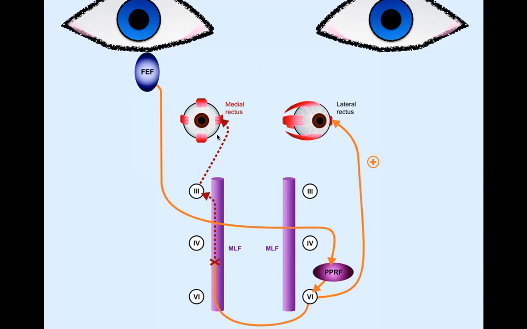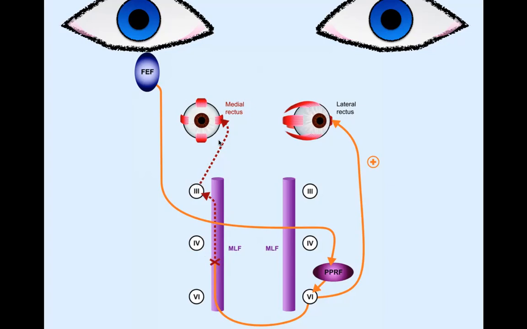side. So naturally, this eyeball should follow, and that could happen because cranial nerve number 6 here would send out fibers that cross over to the contralateral side, and it forms now the tract we call the medial longitudinal fasciculus. This tract eventually innervates the nucleus of cranial nerve number 3 on this side right here.